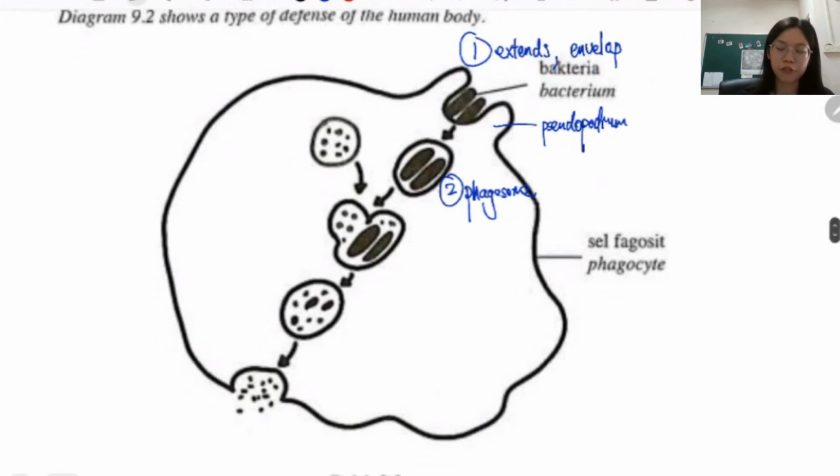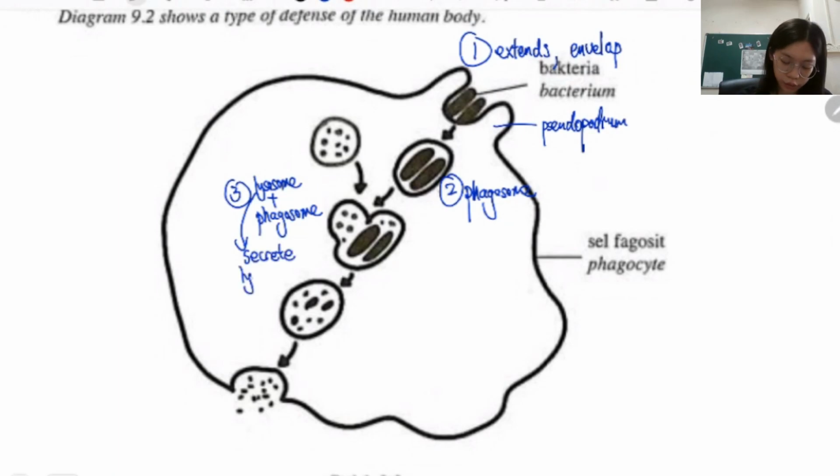So after it formed the phagosome, the lysosome will combine with the phagosome. So this lysosome will secrete lysozyme. Sorry for the confusion. It will secrete lysozyme. So what does the lysozyme do?